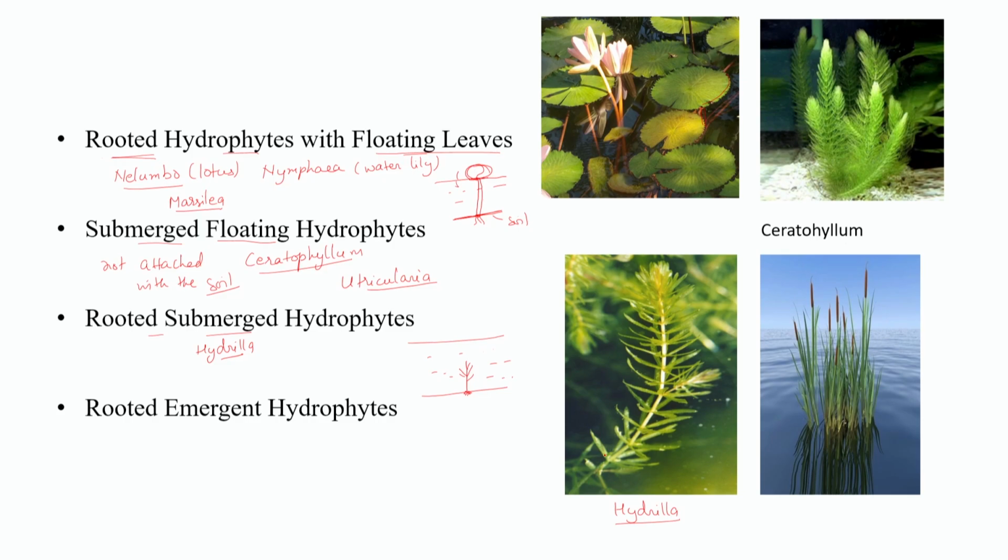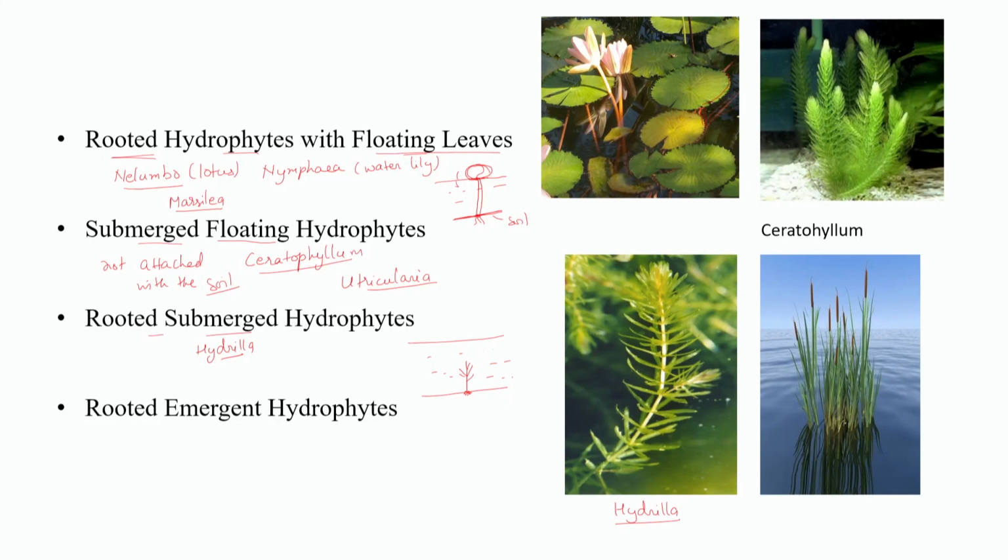Many times you will see it is just beneath the water surface, because they are elongated. They have a very long stem also, but a thin and delicate stem. They will lie just submerged inside the water body, but their stem will be attached to the soil of the water with the help of roots. So Hydrilla is one very common example.